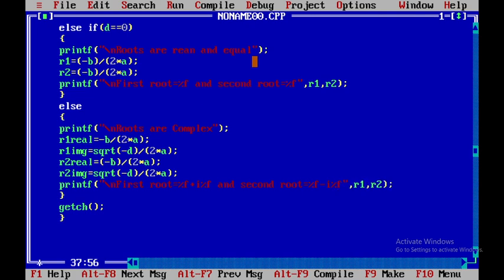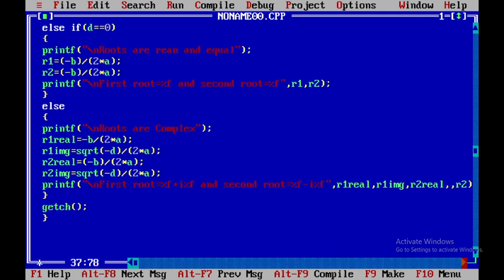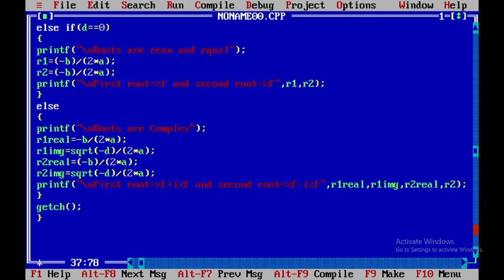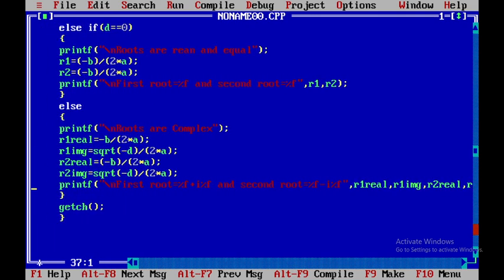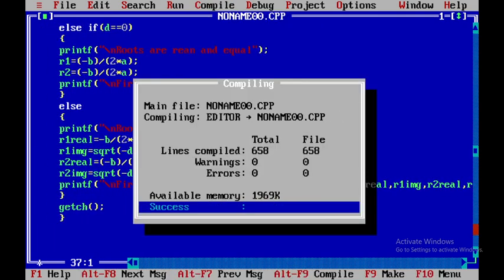So r1 real, r1 imaginary, then r2 real and r2 imaginary. So now we are going to run this, 0 errors.